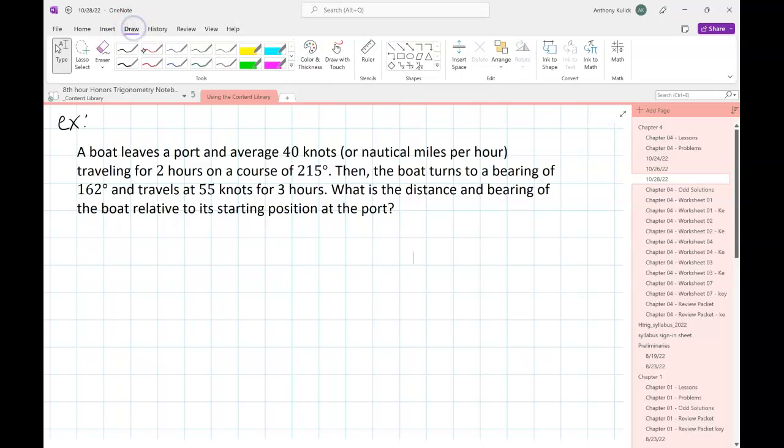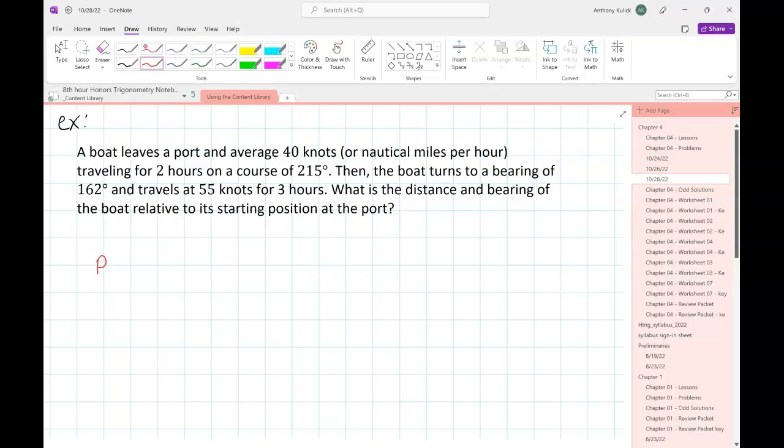All right. So it says a boat leaves a port and averages 40 knots. That's just boat language for nautical miles per hour. Traveling for 2 hours on a course of 215 degrees. Then the boat turns to a bearing of 162 degrees and travels at 55 knots for 3 hours. What is the distance and bearing of the boat relative to its starting position?